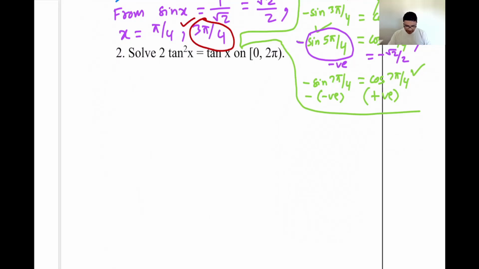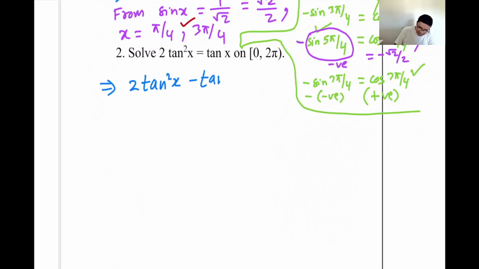Move on. 2 tan square x equals tan x. Now this is a quadratic equation clearly. Already given. So you can write it like this: 2 tan square x minus tan x equals 0.